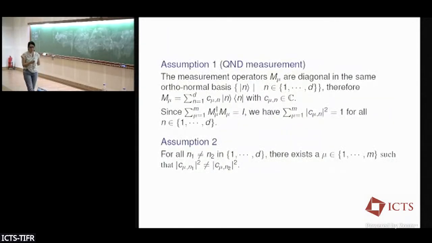You need some observability about your measurement result. If you measure mu, how can you say whether the state of your system is the state n1 or n2? In fact, you need that the probability to get the measurement result mu when the system is in the state n1 should be different from when it is in the state n2.